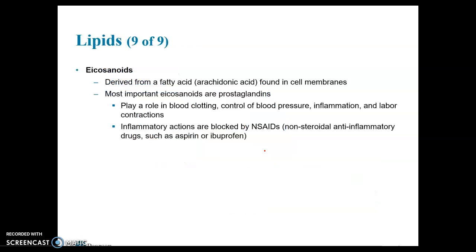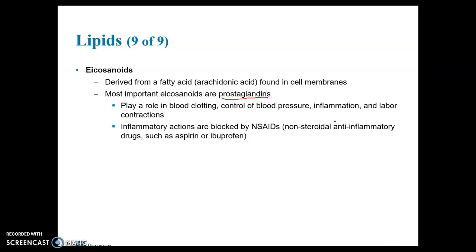And then we have eicosanoids. And eicosanoids are derived from arachidonic acid, which is found in cell membranes. The most important are prostaglandins. And prostaglandins play a role in blood clotting, control of blood pressure, inflammation, and labor contractions.